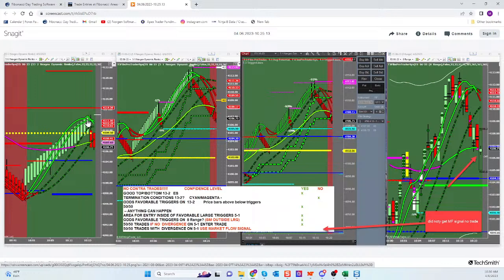Gary, 50-50. Two divergences, area inside of favorable large triggers. Didn't get the market flow signal, no trade. You did, Gary. Right there. You got an antenna bar from the price that's at the area inside of favorable large triggers.